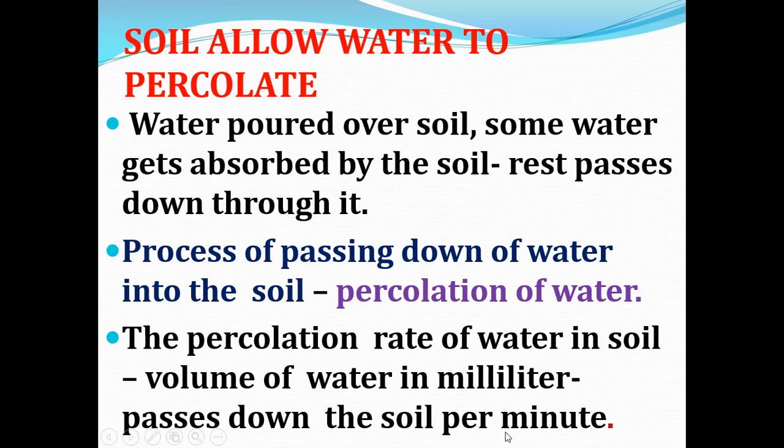The percolation rate of water in soil is defined as the volume of water in milliliters which passes down the soil per minute. So in one minute, how much water passes down the soil? That is called the percolation rate of water.